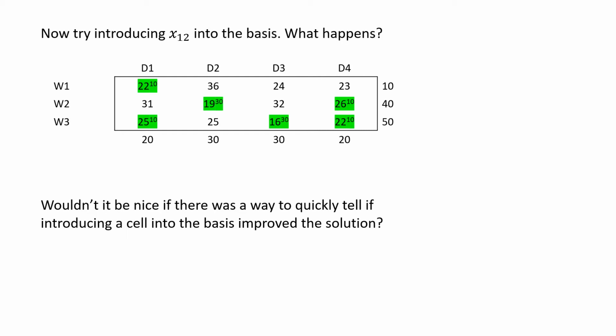So taking that previous example, if I were to introduce x12 in the basis, the one that I just talked about, what happens? Well, my cycle, as we saw, went like this.